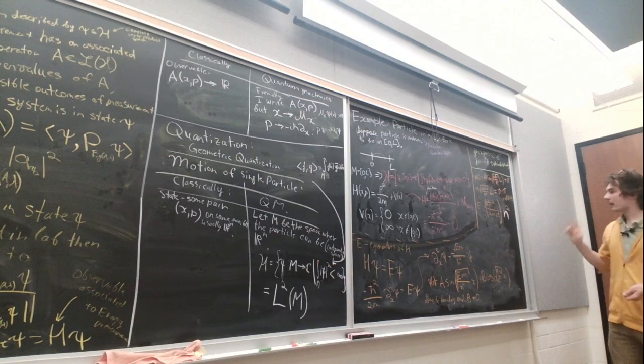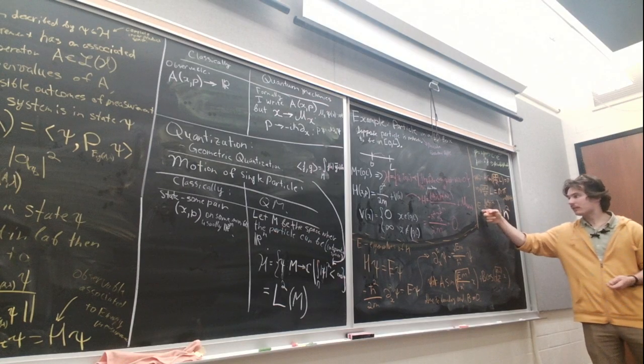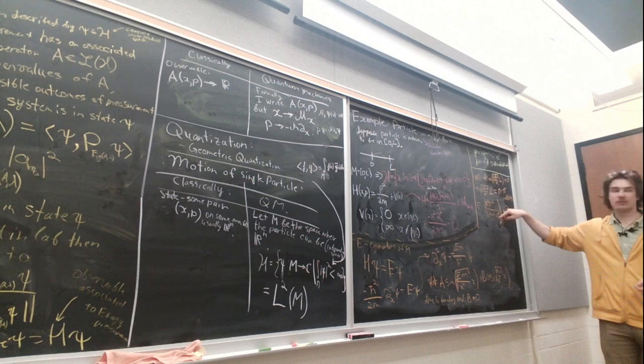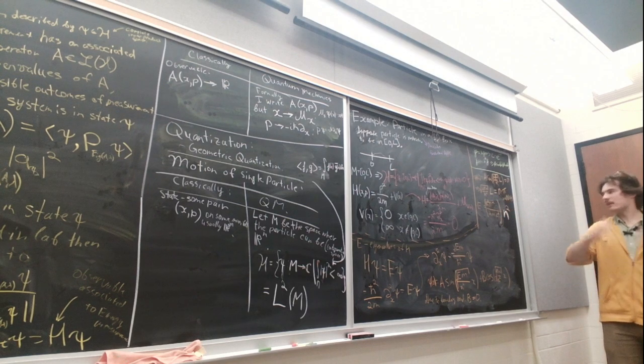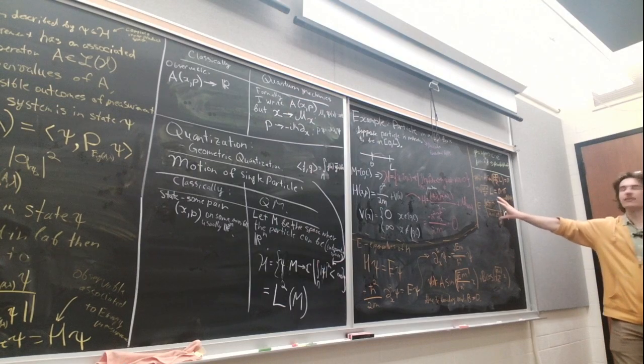Okay. Now note that this is a constant. Agree? This is some constant that's determined by what kind of system I have: the size of the box, the mass of the electron, all these things. This is some fixed constant.